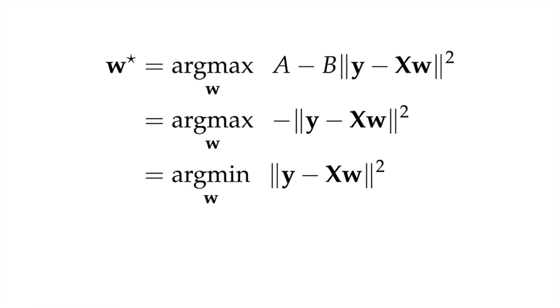As a result, we know that the optimum must be in the same place. We've already demonstrated that the argmin of y minus xw squared is at x transpose x inverse x transpose y.